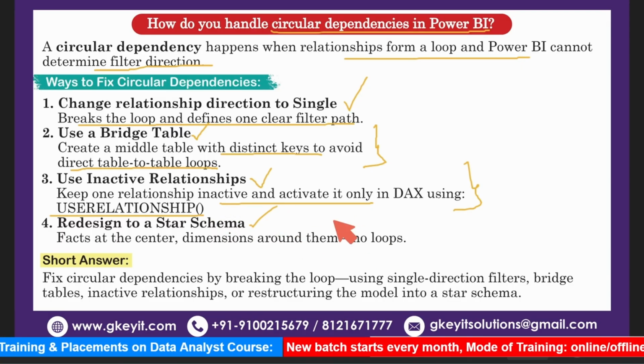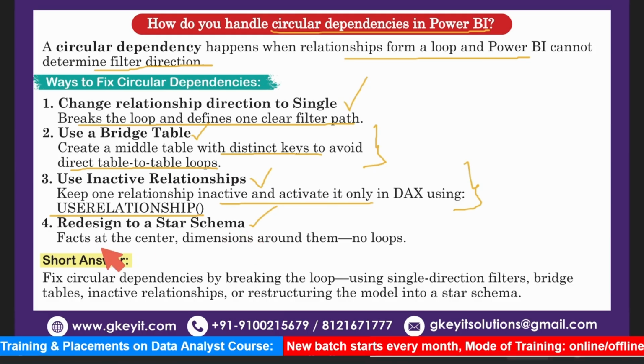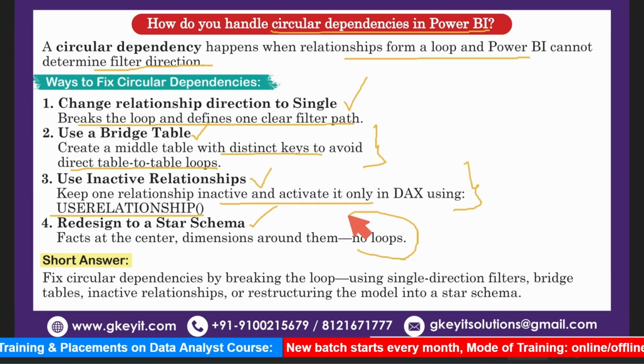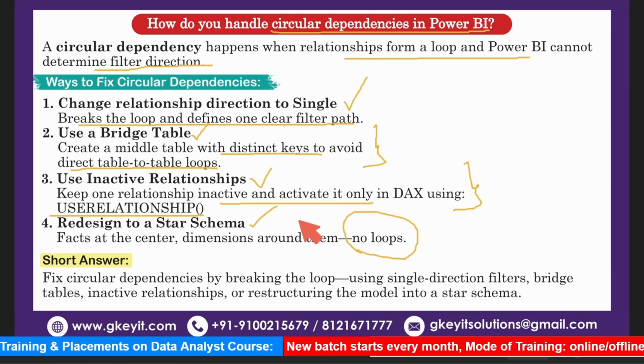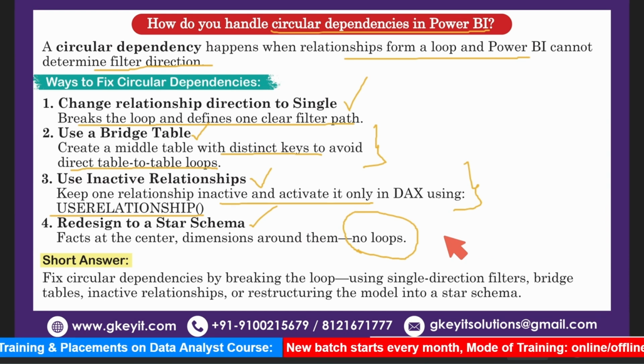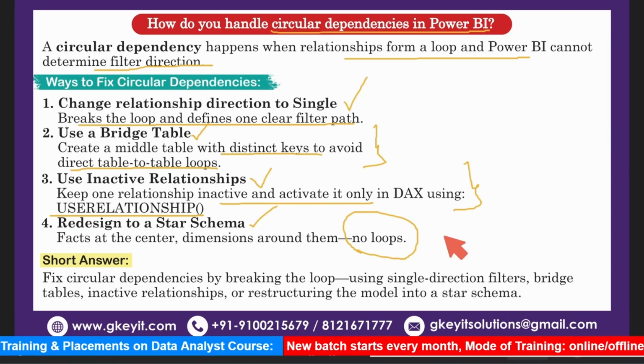And the fourth way of fixing circular dependencies is to redesign as a star schema. With facts at the center and dimensions around them, there would be no loops. There are different concepts like star schema, snowflake schema and hybrid schema. In a star schema, there will be one fact table in the middle, and all the dimension tables are directly connected to it.